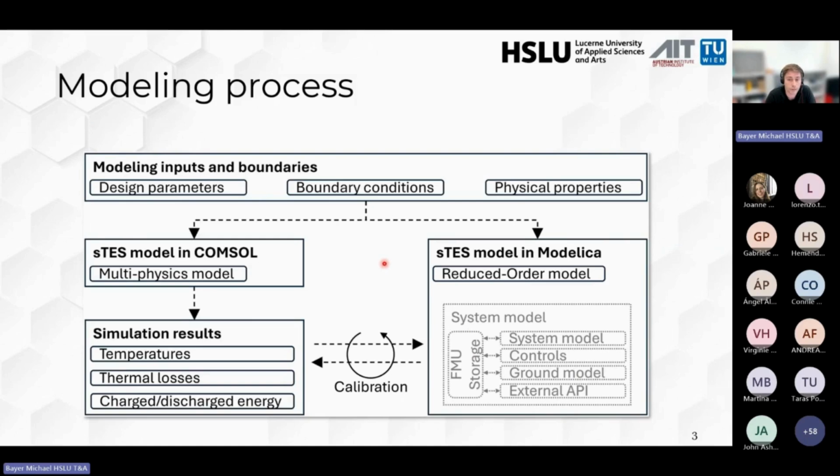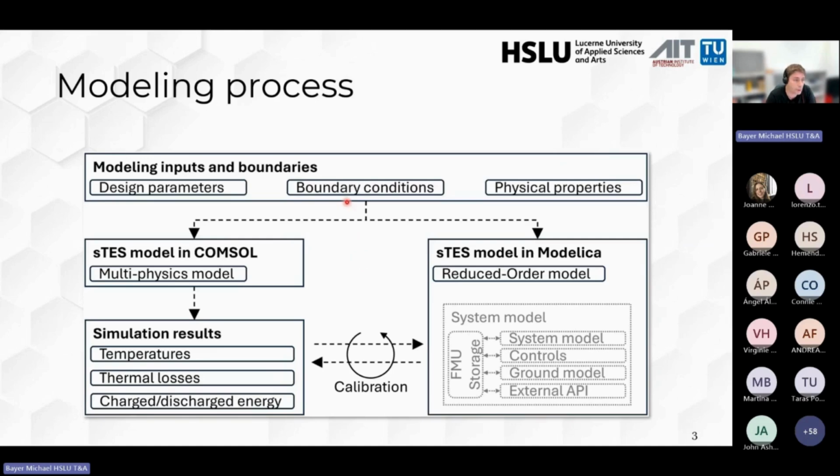Therefore, we used a validated COMSOL model created by AIT, one of the project partners. The issue with this one is that it's rather detailed and quite computationally intensive, and therefore impractical for real-time system simulation. To address this, we created the reduced order model in Modelica.